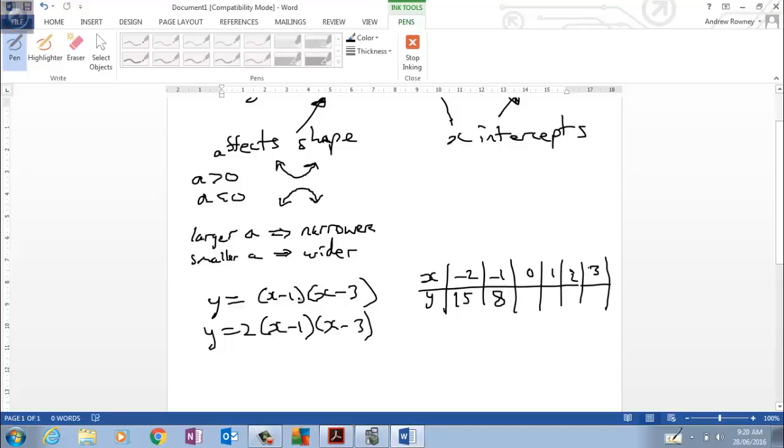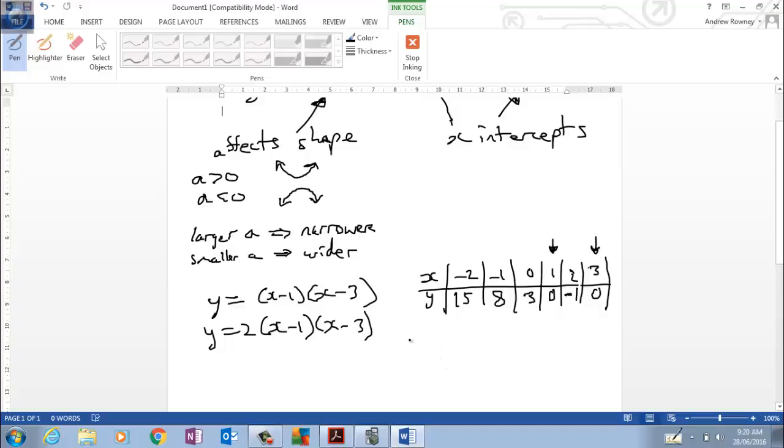If you put 0 in, you'll have -1 times -3, which is +3. Putting 1 in, 1 take 1 is 0, so that wipes the whole thing off at 0. That's why that one is the x-intercept. If you put 2 in, 2 take 1 is 1, 2 take 3 is minus 1, those multiplied together is minus 1. And if you put 3 in, 3 take 3 is 0, and the whole thing is 0, so that's the second x-intercept.